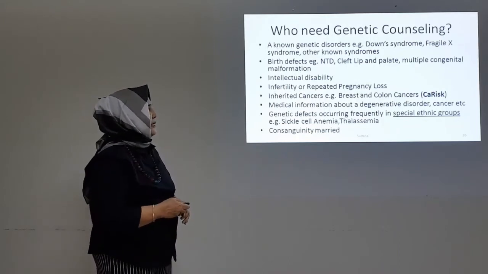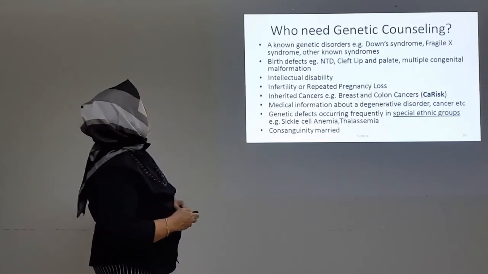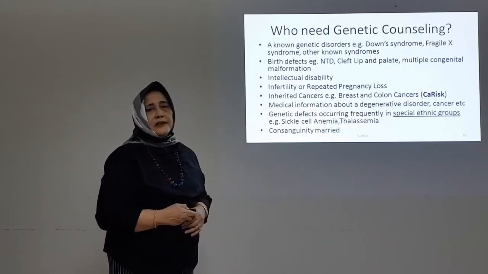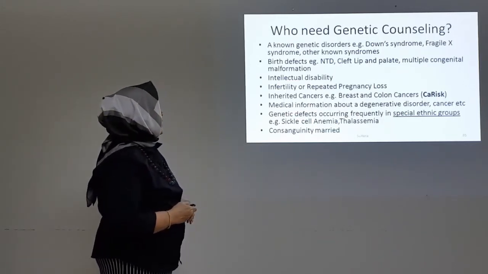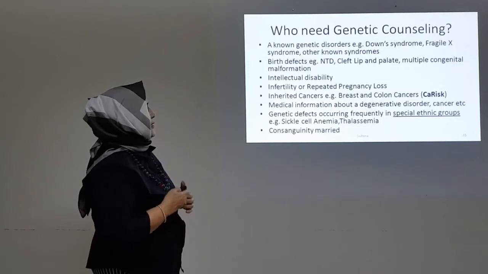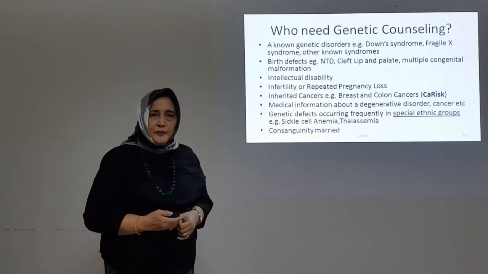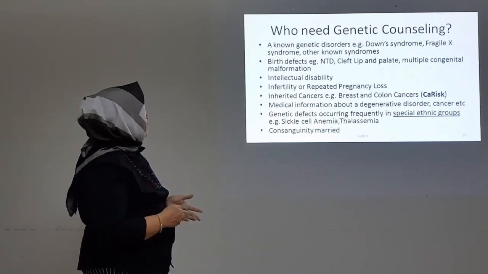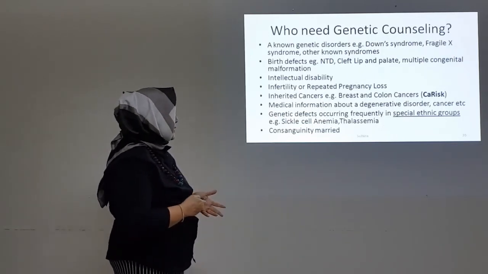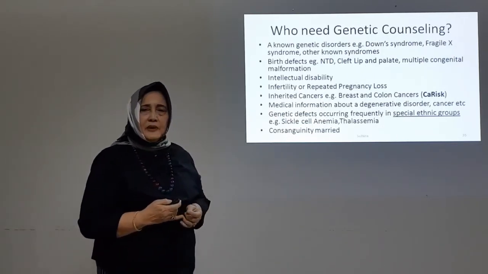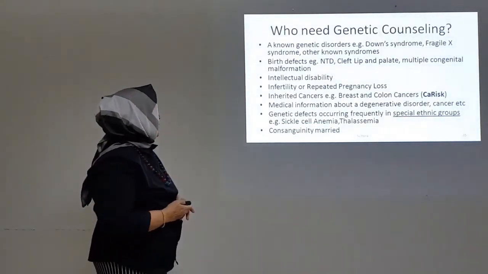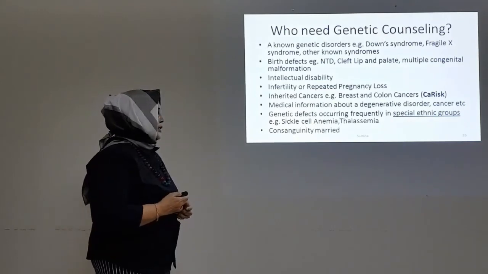So the person has a risk of cancer, and also medical information about degenerative disorders, such as cancer also, and genetic defects occurring frequently in special ethnic groups, such as breast cancer in Ashkenazi Jews, sickle cell anemia in African people, and thalassemia quite common in Asian people, and also people with consanguinity marriage.